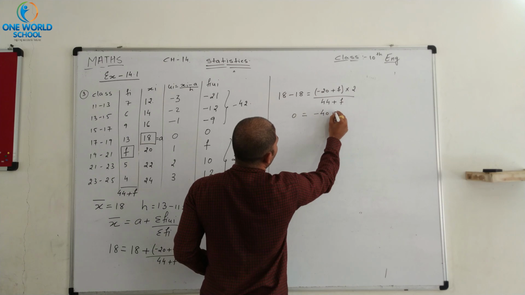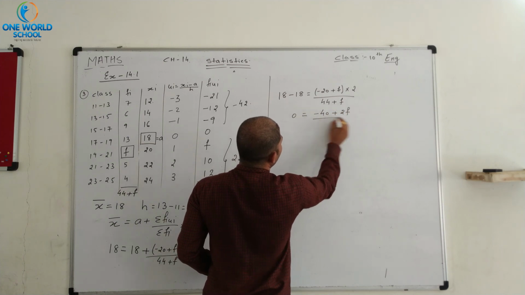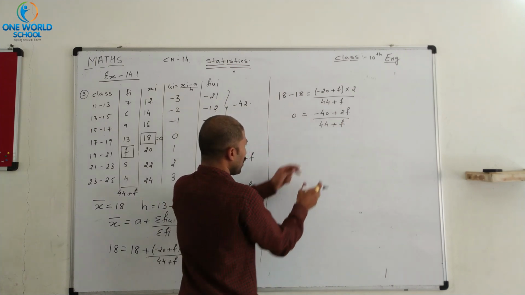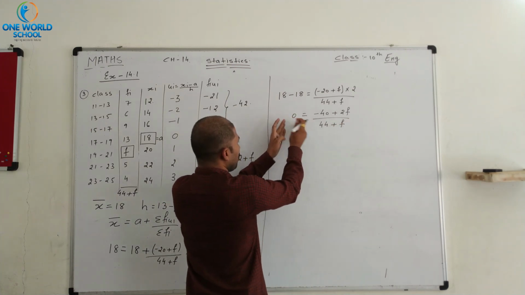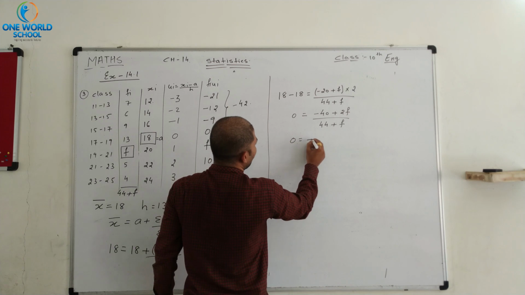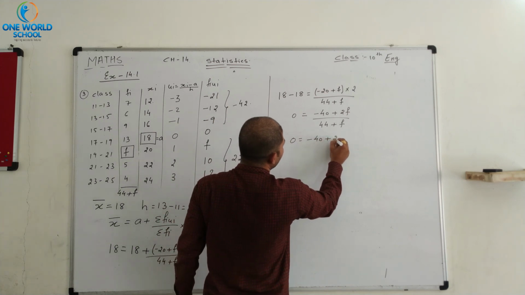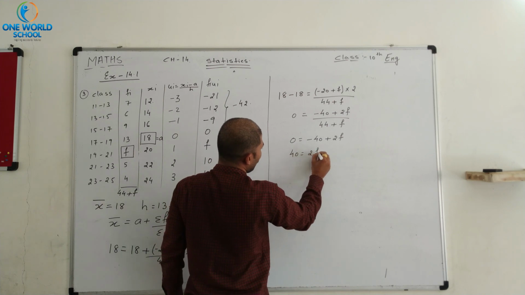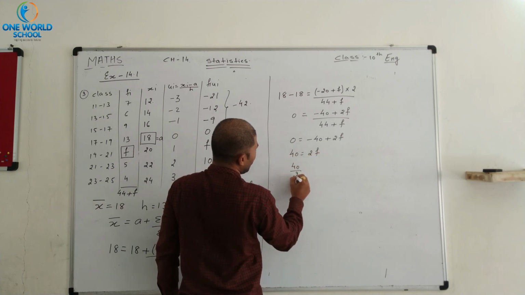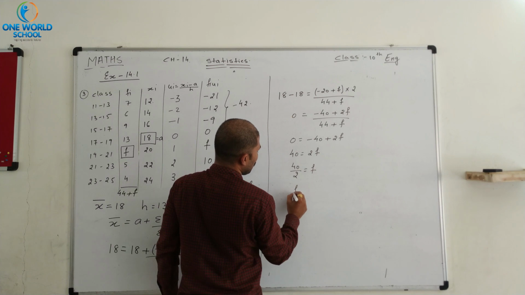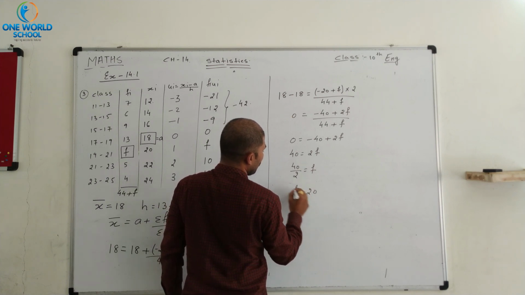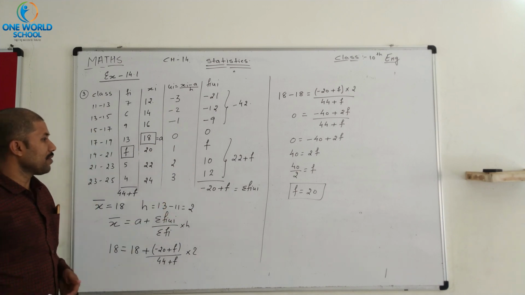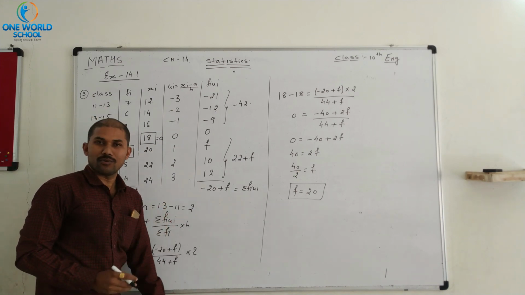Minus 40 plus 2f upon 44 plus f. Now multiply this whole value by 0, then it becomes 0. Minus 40 plus 2f. Now take 40 to this side, 2f, then 40 by 2 equal to f. So f equal to 20. So the missing frequency of the given question is 20.